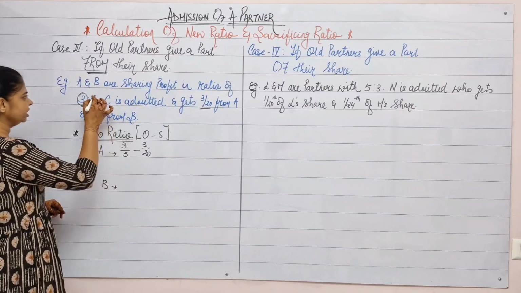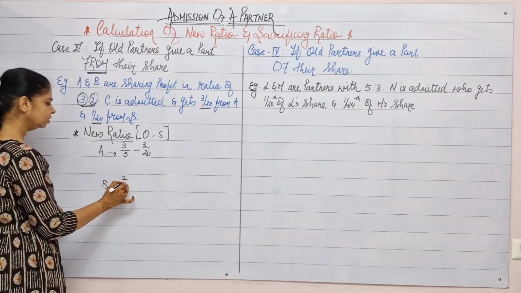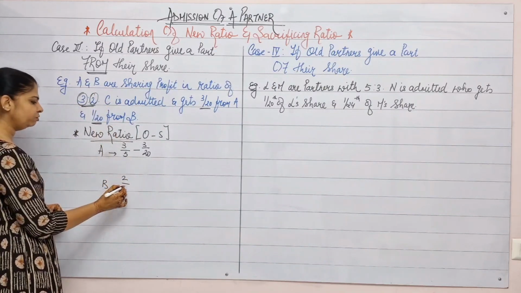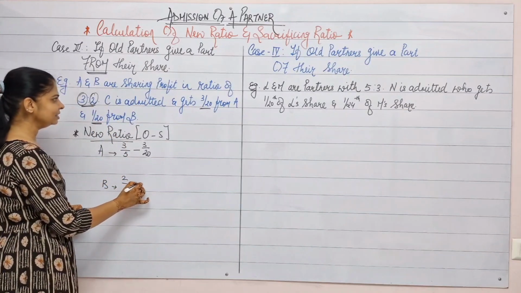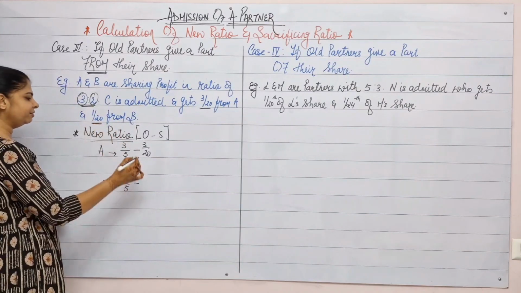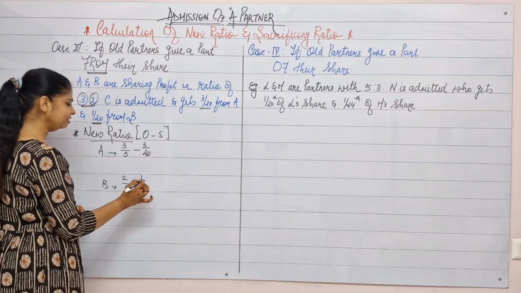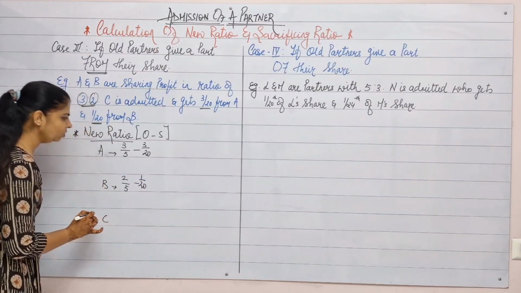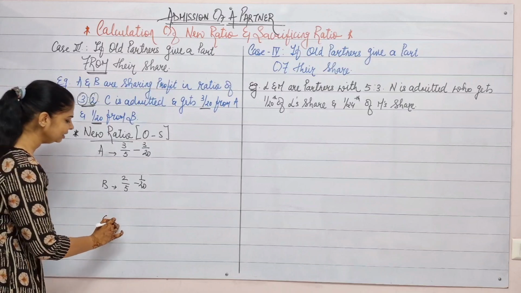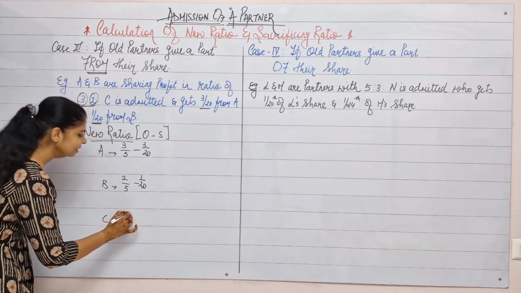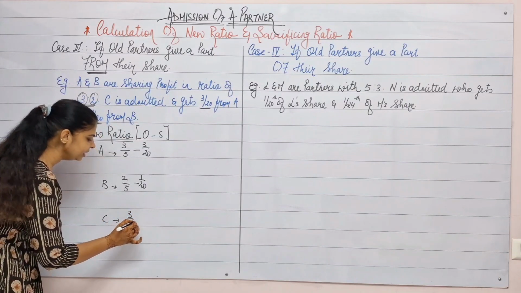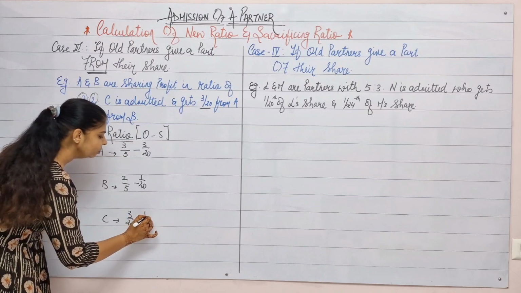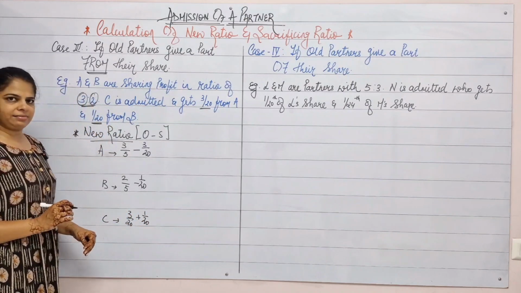B's old share was 2/(3+2), 2/5, minus he is sacrificing 1/20 share in favor of the incoming partner. New ratio will always include the new partner who is getting 3/20 from A plus 1/20 from B.